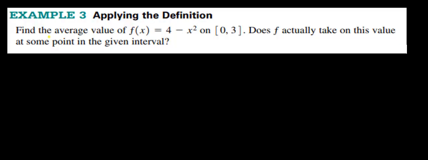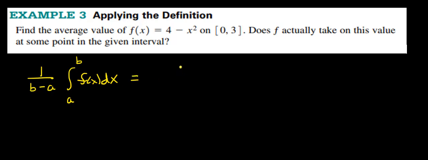Now let's take a look at an example. It says find the average value of f of x equals 4 minus x squared on 0 to 3. Does f actually take on this value at some point in the given interval? In order to find the average value, you first need to use the formula 1 over b minus a, integral from a to b of f of x dx.